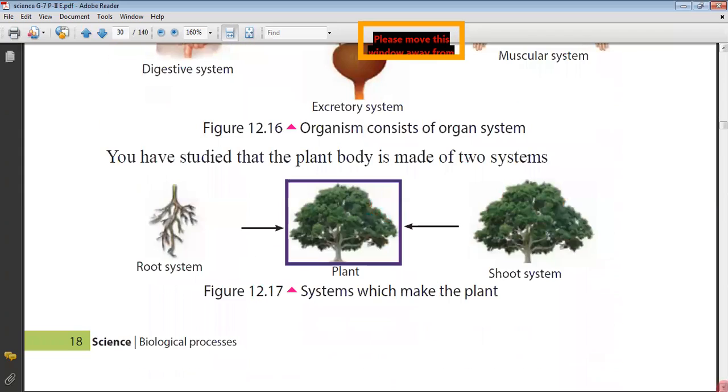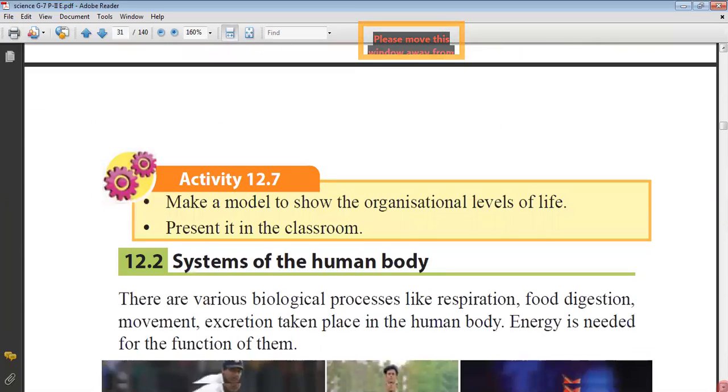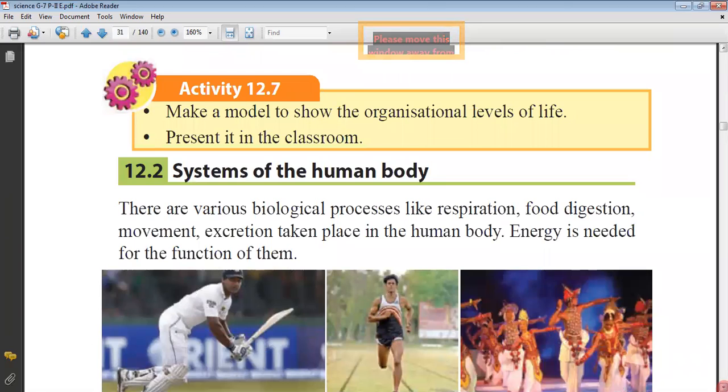They all form the human body. And the plant consists of the shoot system and the root system. We'll study systems of the human body in the next lesson.